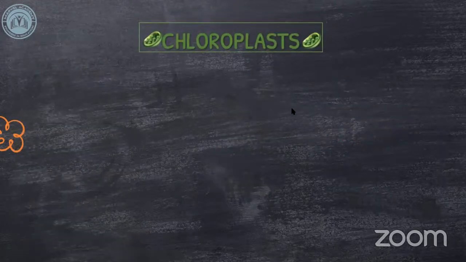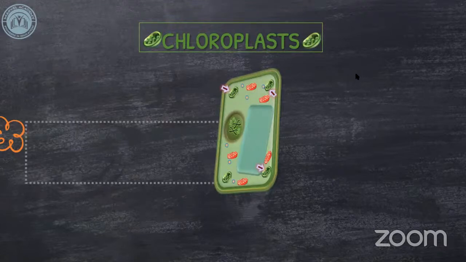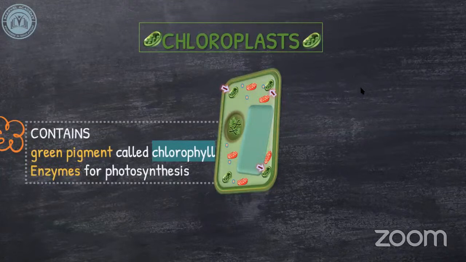Chloroplast. I told you none of the animal cells will contain chloroplasts. It is involved in photosynthesis. The plants get their green color as a result of this. What does it contain, children? It contains a pigment known as chlorophyll. This chlorophyll helps in the photosynthesis process.